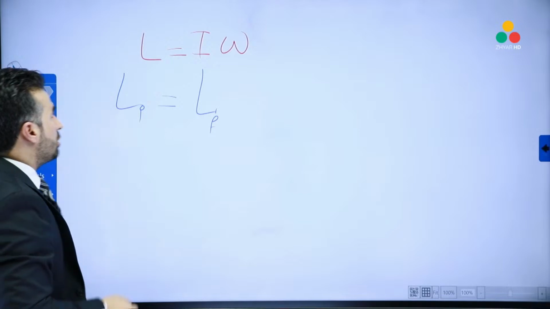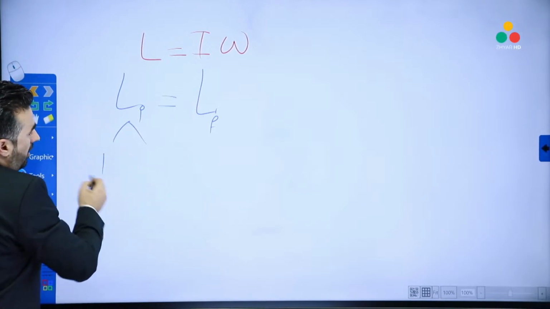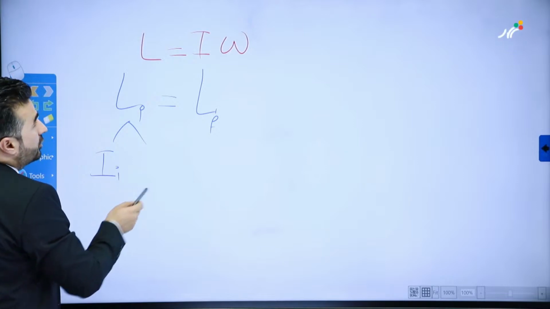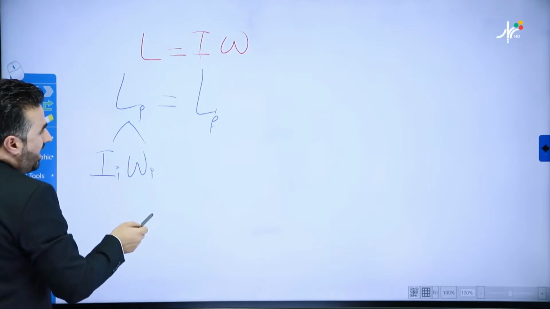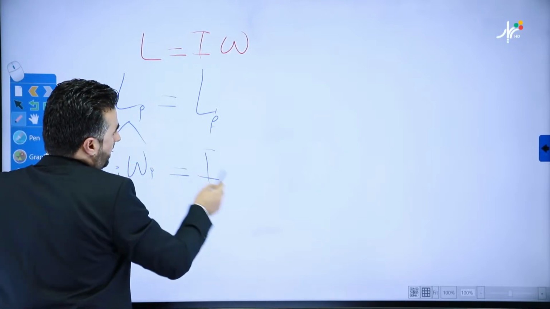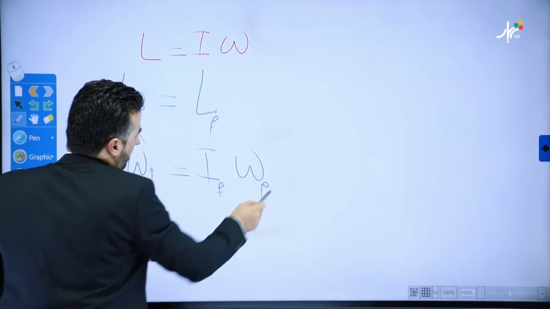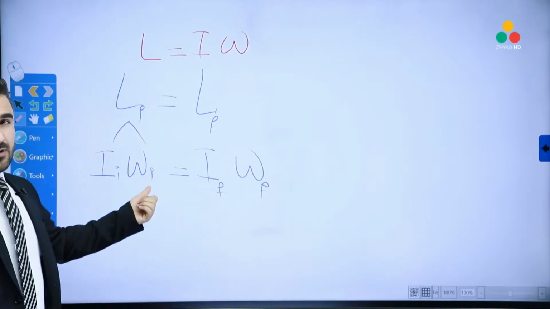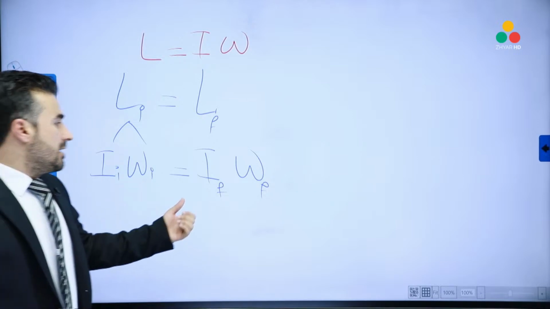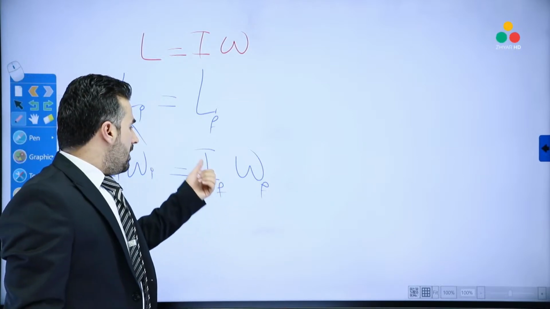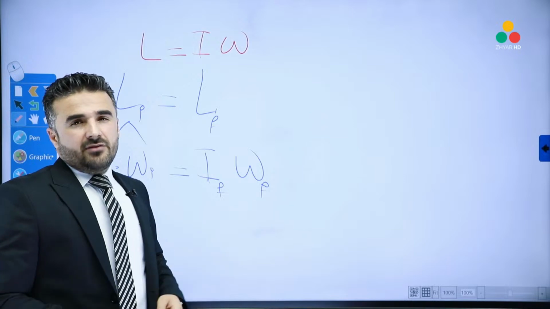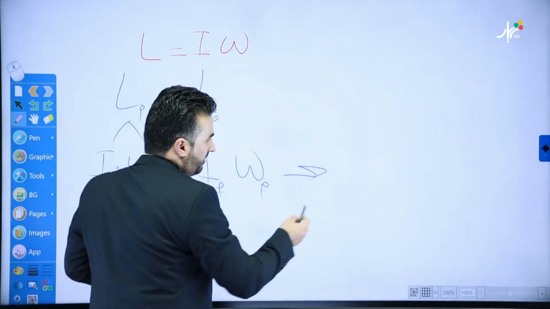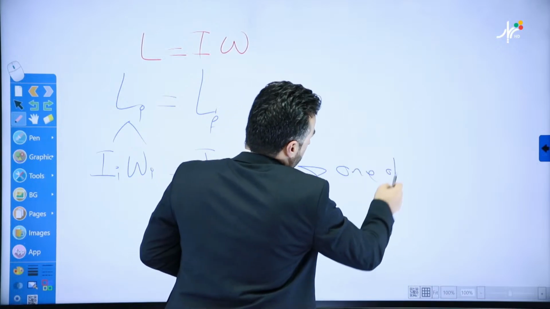Initial moment of inertia multiplied by initial angular speed will equal the final moment of inertia multiplied by the final angular speed. But remember, we use this if we have one object.